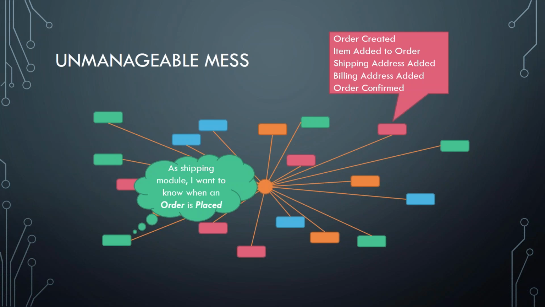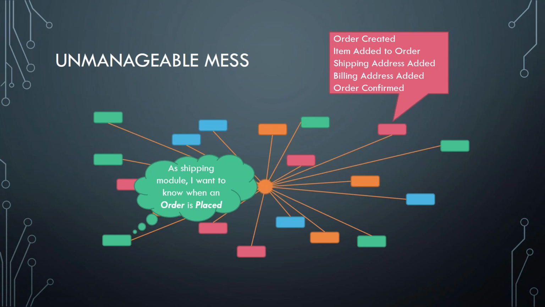So they talk about there's an order created, there's items added to an order, there's a shipping address added, billing address, and then the order is confirmed. So the order placed is actually a combination of all these five types of events. The fact that an order is confirmed is the trigger of an order placed, but inside the order placed, you probably want to know what has been bought, by whom, and where it is.